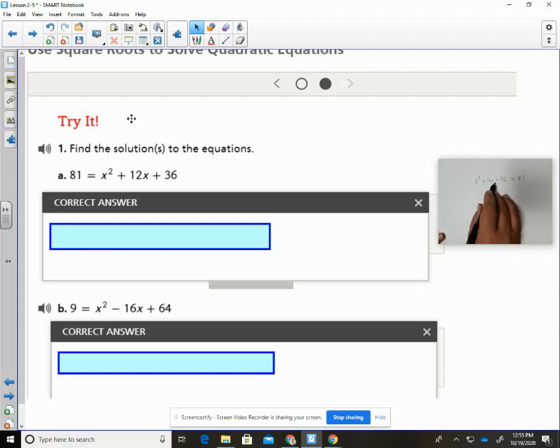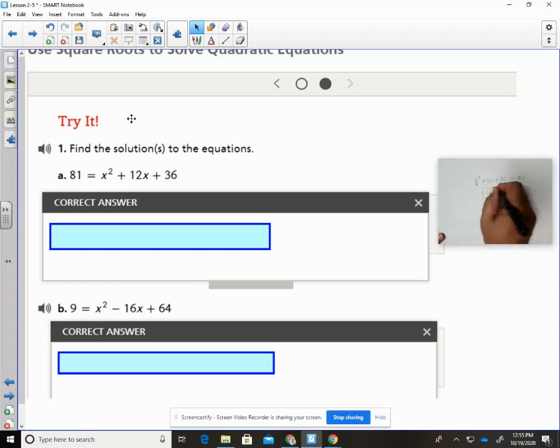Now, if we recognize this is a perfect square trinomial, here's 6, this is 6 squared, this is x being squared, 6 times x times 2 is 12. And then 81 is also a perfect square, so if we do this, then that's going to give me (x plus 6) squared equals plus or minus 9.